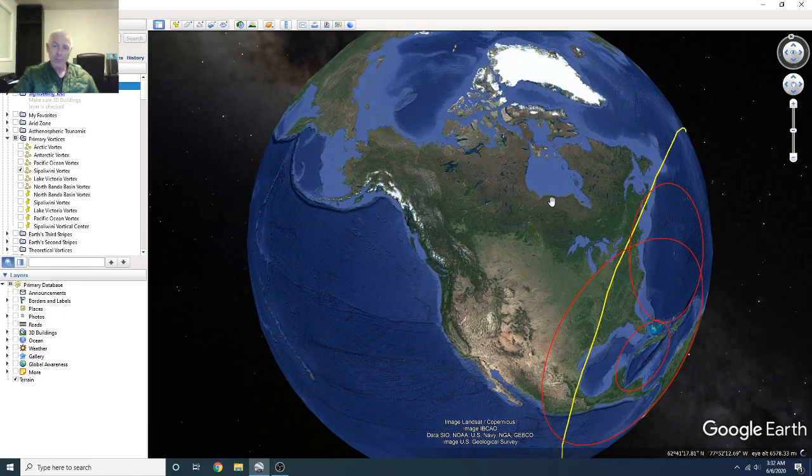asthenospheric tsunami that came down through Hudson, creating this great big bay, coming down here, swooping in, creating the Cascades and Rocky Mountains and such. Maybe not in whole, but at least in part. And all this stuff breaking around up here and being moved down and basically creating these ridges here as this pivoted that way, you see?